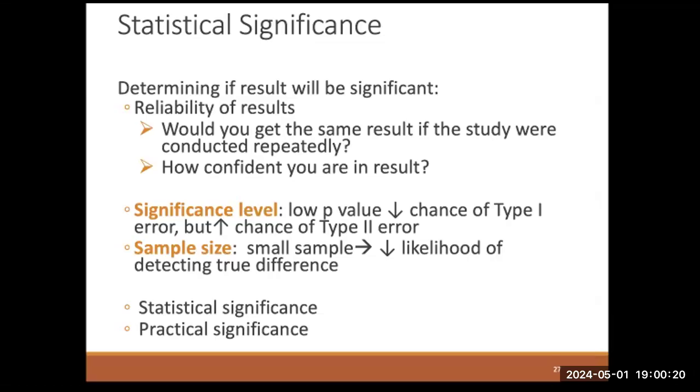So let's say that someone was able to do a study on the effects of caffeine and academic achievement, okay? And they're doing this on some kind of online test. So they have 100,000 participants. And with these 100,000 participants, they find out that drinking 6 cups of coffee increases your score on a cognitive test by 2 points.